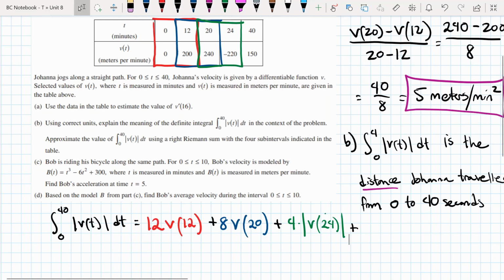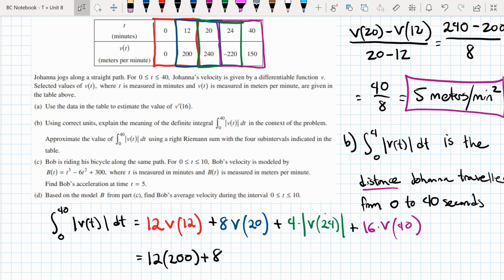Plus, and then lastly, 16 times v of 40. All right, and let's figure out what this is. This is kind of annoying to do without a calculator, but we get 12 times 200 plus 8 times 240 plus 4.